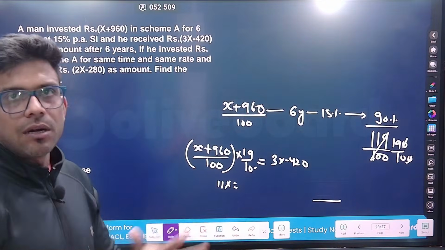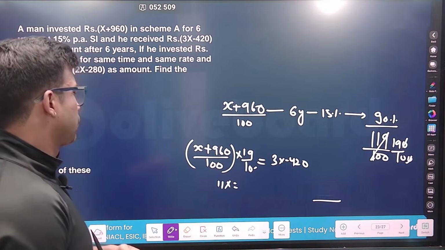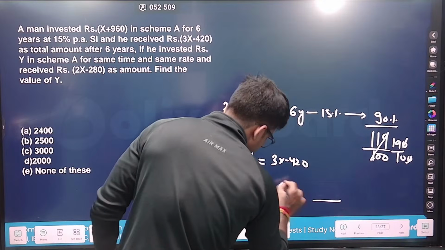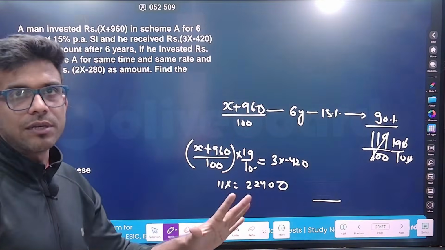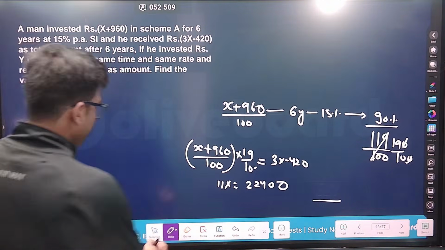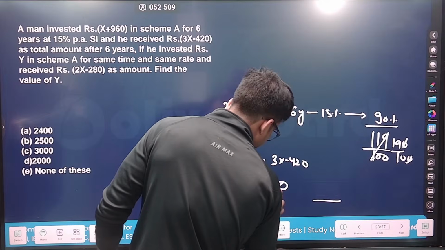That would be around, I would say, 224. Please check. Is it right? Have I done any mistake? Because this was the part of calculation. No, there would be one more 4. Sorry. There would be one more 4. Let me just.